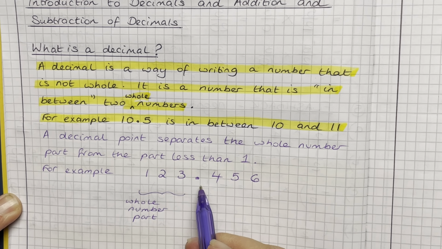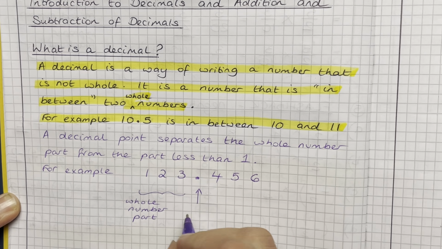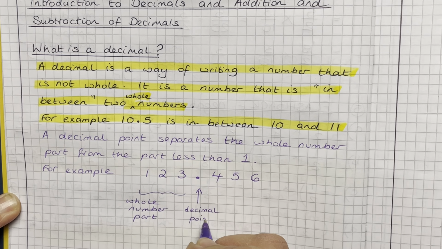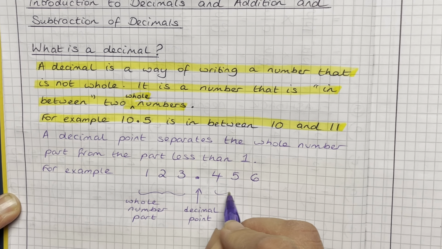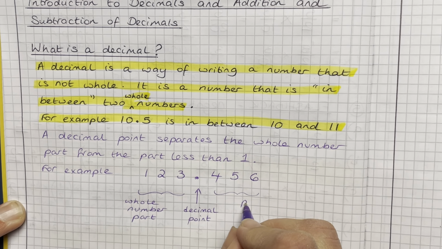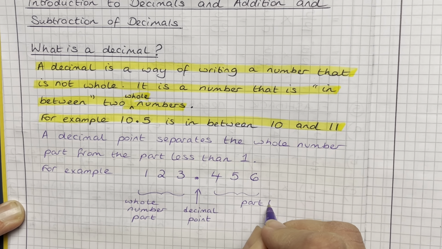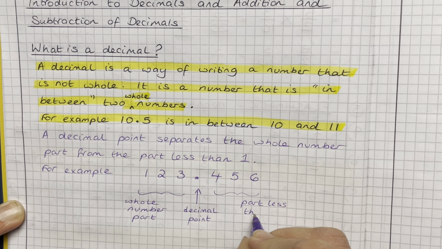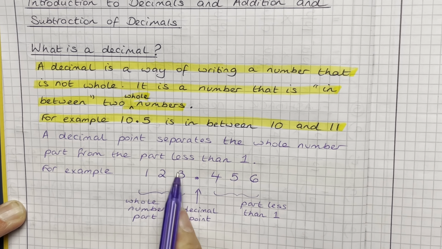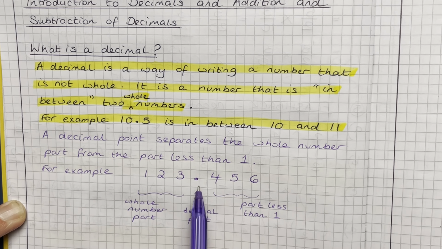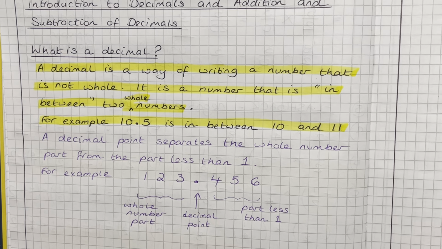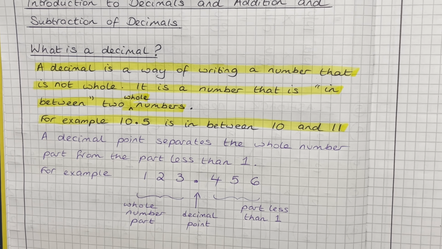We've got our decimal point in between. And then we've got 456, which is the part that is less than 1. Okay, the whole number part 123, the decimal point, and the part less than 1. All fairly straightforward. So let's move on.